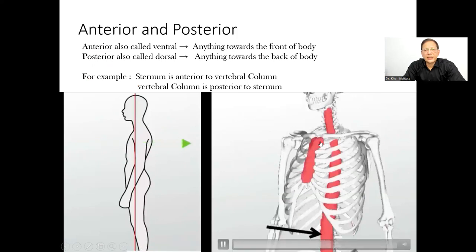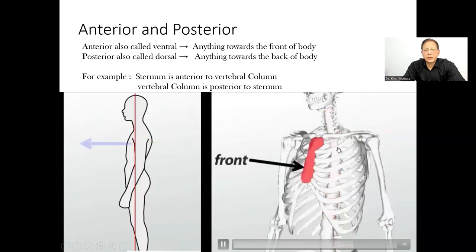For example, here in this case, the front surface of the body, and this bone is the sternal bone, also called the breastbone. So this is anterior to this bony structure, which is the vertebral column or spinal column. So we can say that the sternum is anterior to the vertebral column.